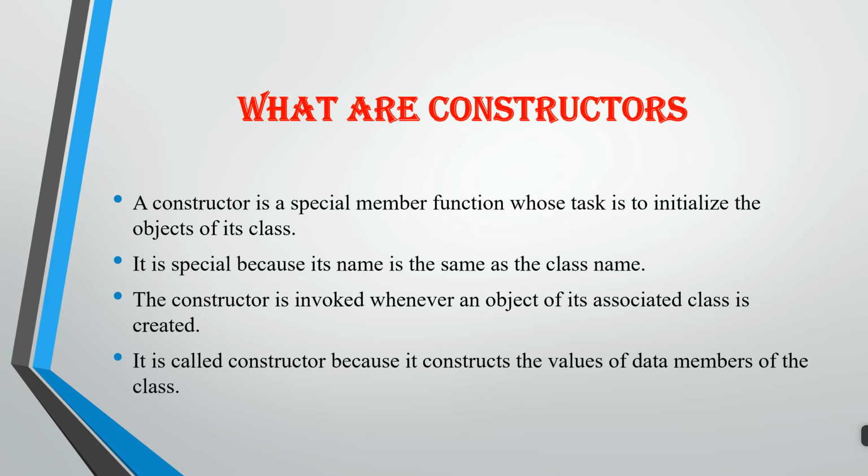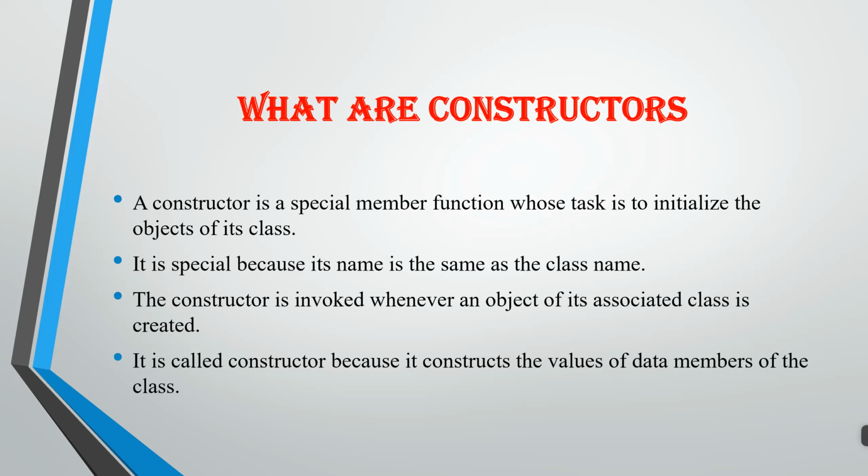So now here a constructor is also a member function which we define inside the class. But it is a special member function. That means constructor is not like an ordinary member function which we define in the class. It's a special member function.